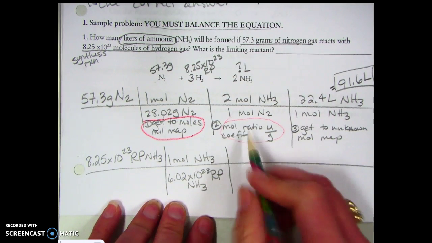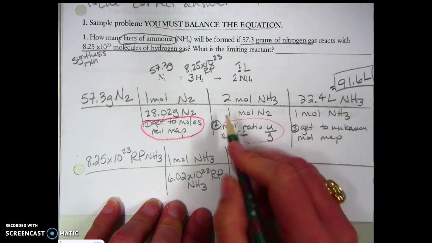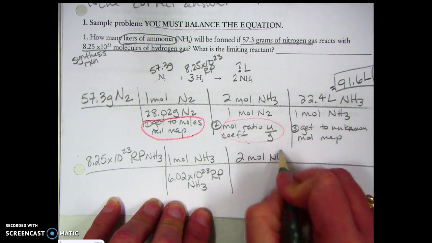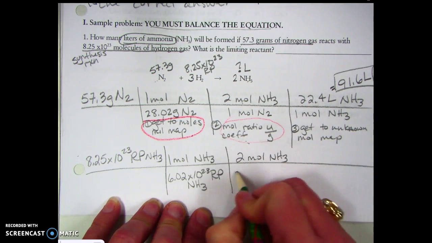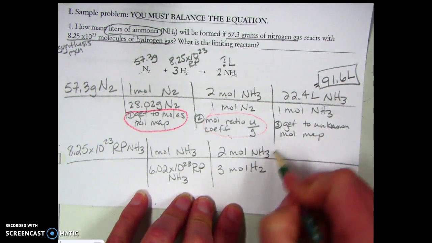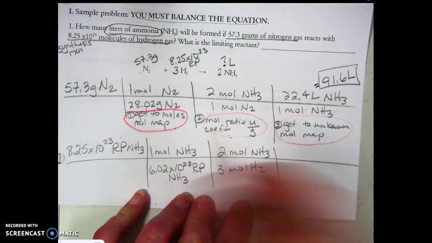The second step is my mole ratio. So we have the same mole ratio at the top because it's the same unknown, but we have a different mole ratio here at the bottom, which is 3 moles of hydrogen gas. And this third step is get to my unknown from the mole map.